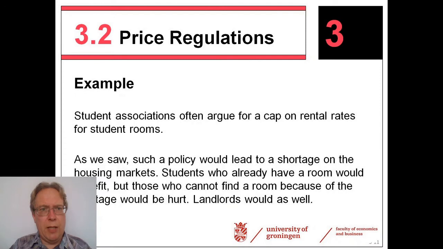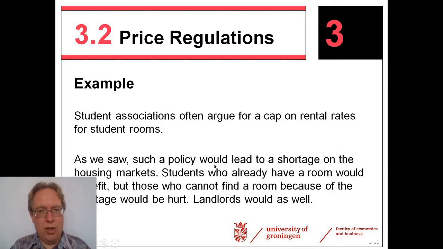So here's another example of such a price regulation. Student associations may argue for a cap on rental rates for student rooms, right? Because otherwise you could argue rooms are no longer affordable to students. So that may sound like a good policy. However, exactly the same reasoning as we saw here.